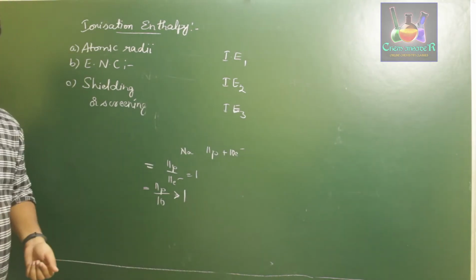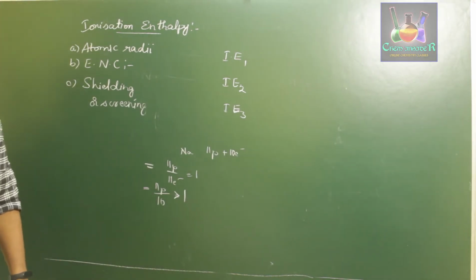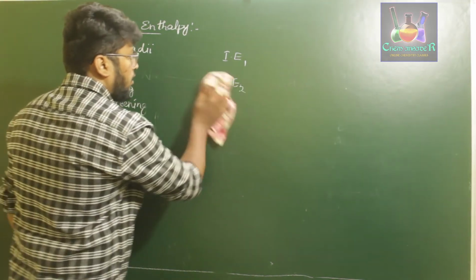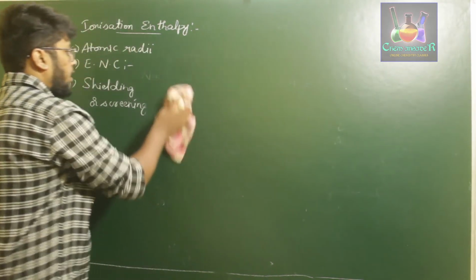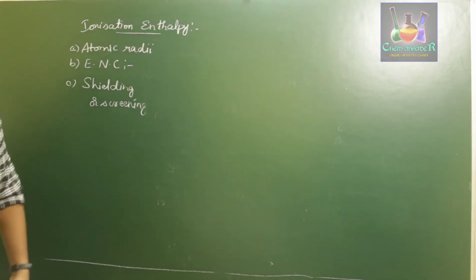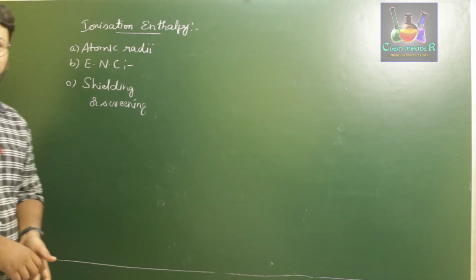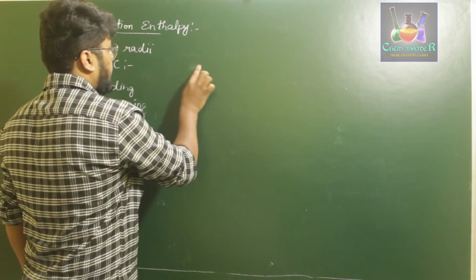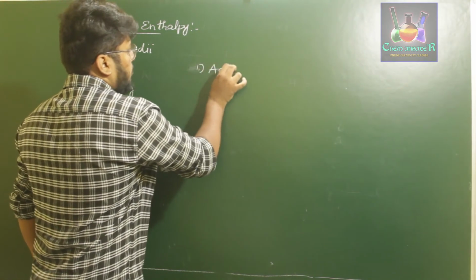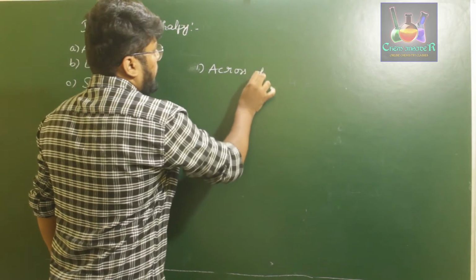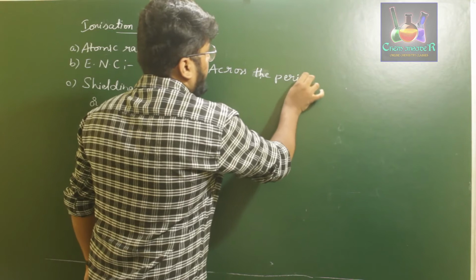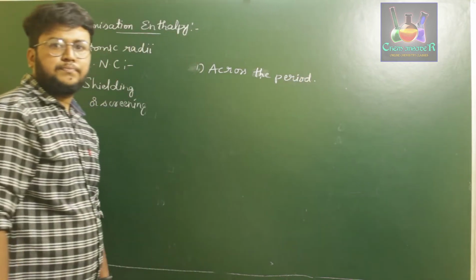Okay, so now how do these factors affect ionization enthalpy? First we'll discuss the trend along with atomic radii, effective nuclear charge and shielding effect. First, for the change across the period, what happens to the ionization enthalpy when we move across the period?